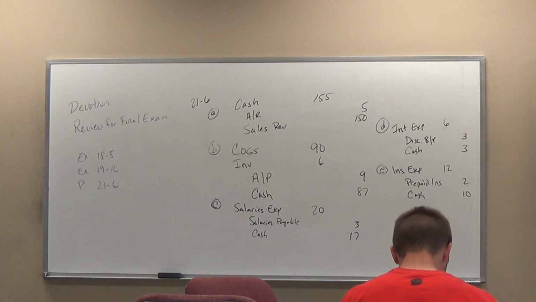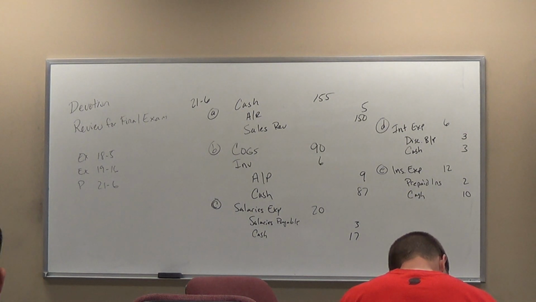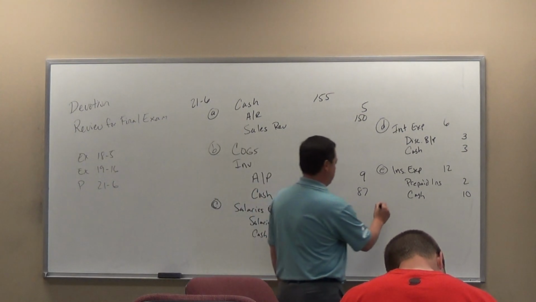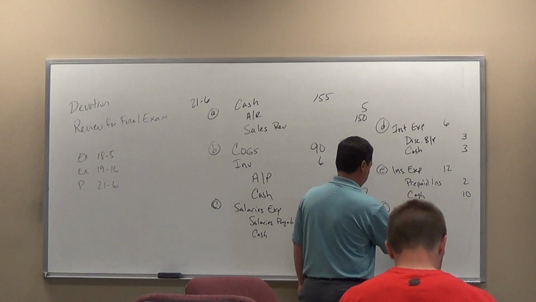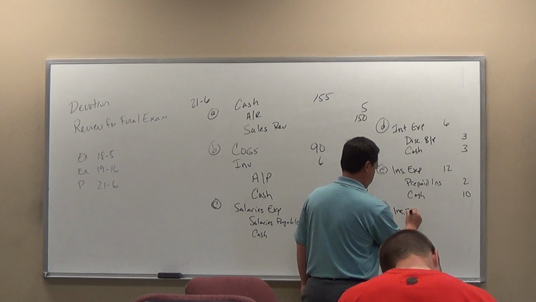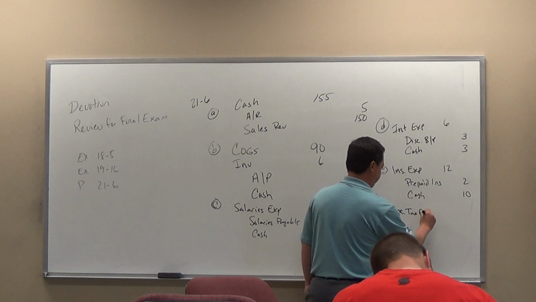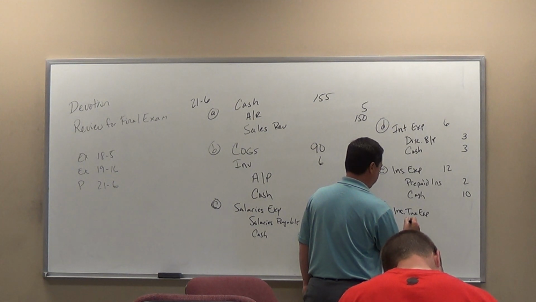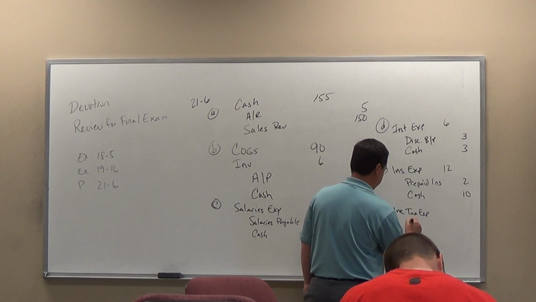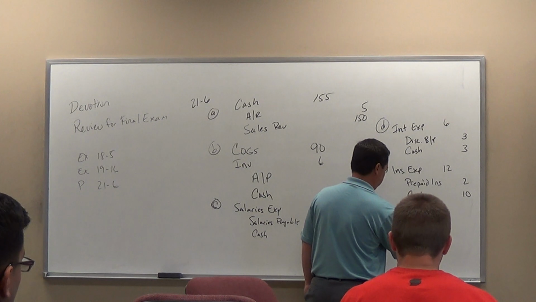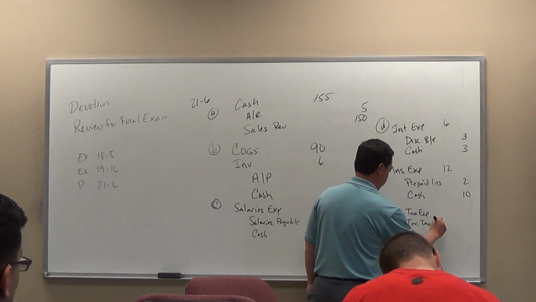Make that balance out. And then finally, cash paid for income taxes during the reporting year. So we have income tax expense, and then we have income tax payable, and cash.